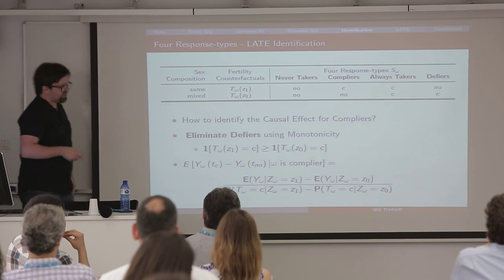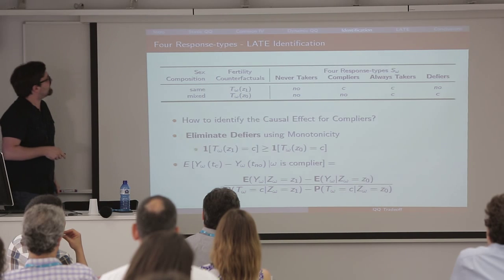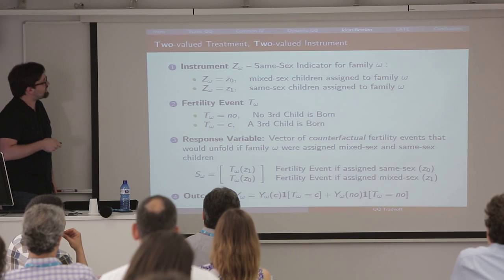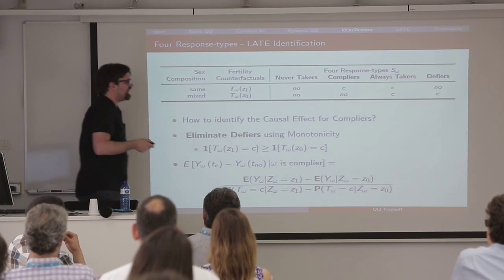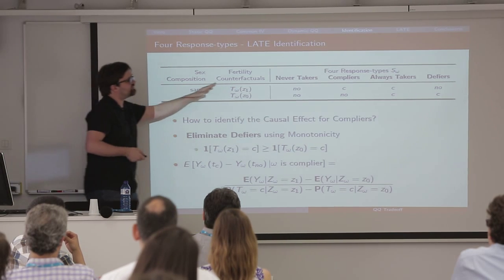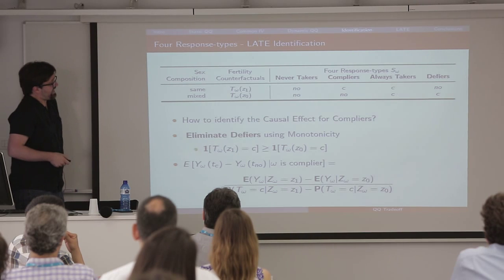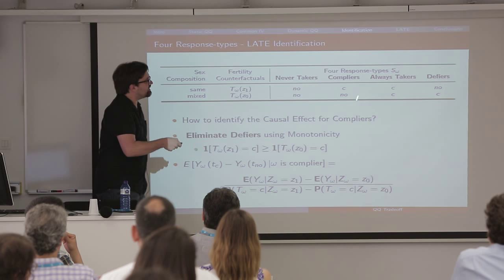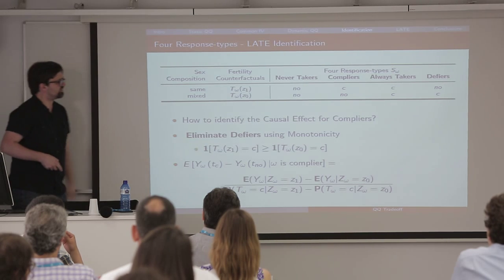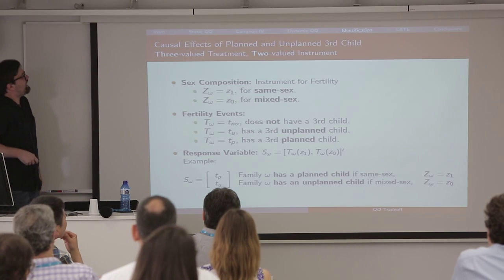Let me skip the LATE example, because what we're going to be doing is a generalization of the standard binary instrument, binary treatment case from Imbens and Angrist. In the standard LATE case, you just eliminate the defiers, which are these guys, and that gives you identification of the compliers. Okay, you get your LATE here.